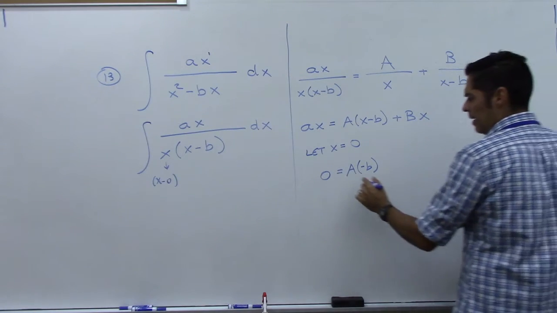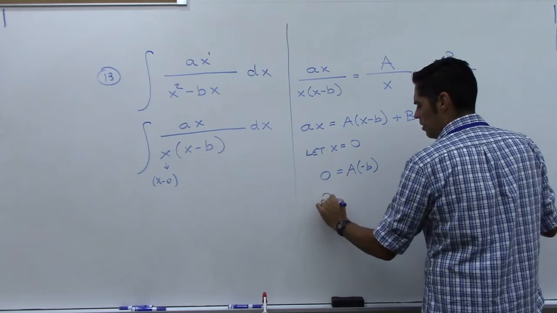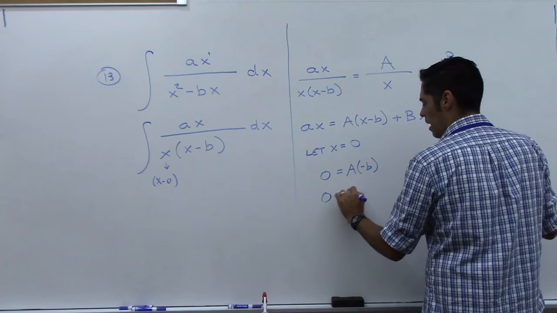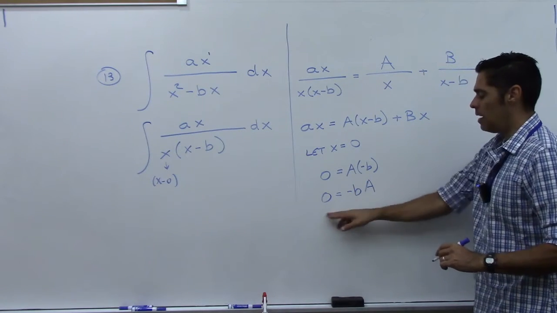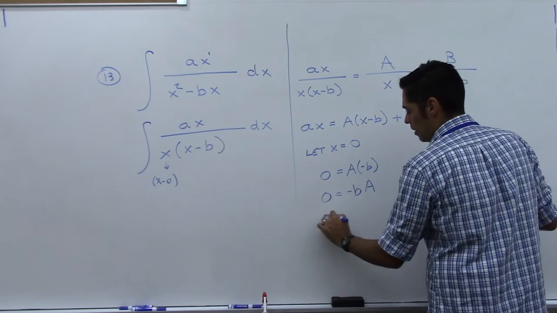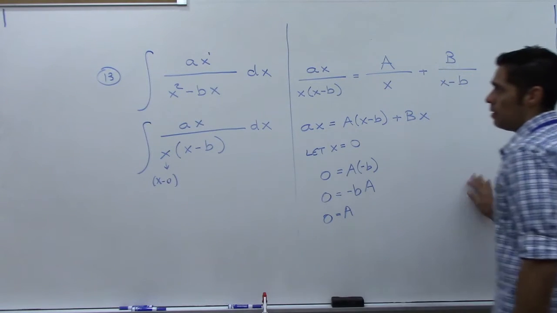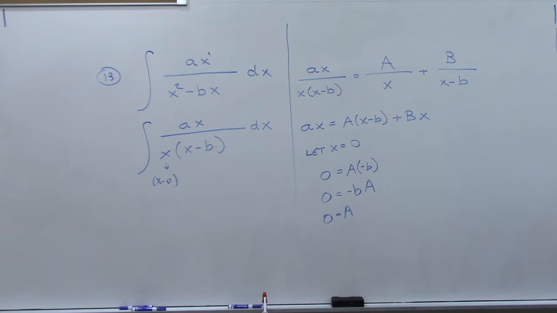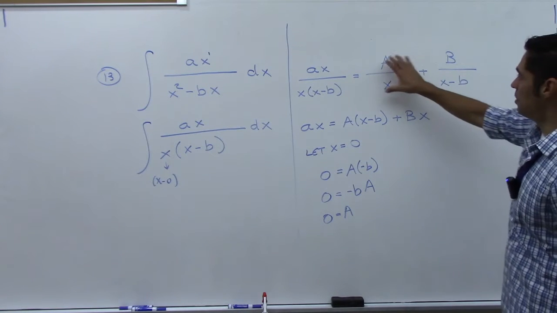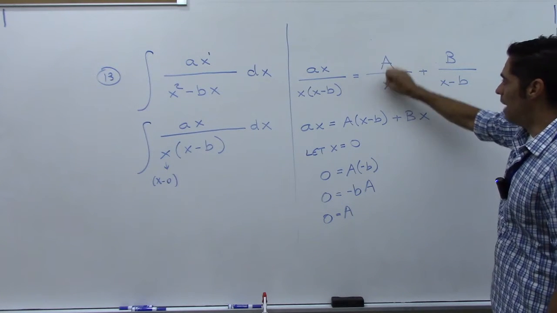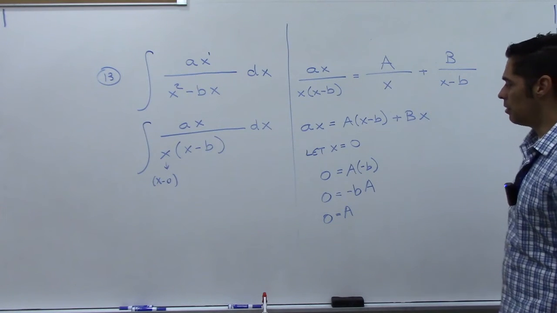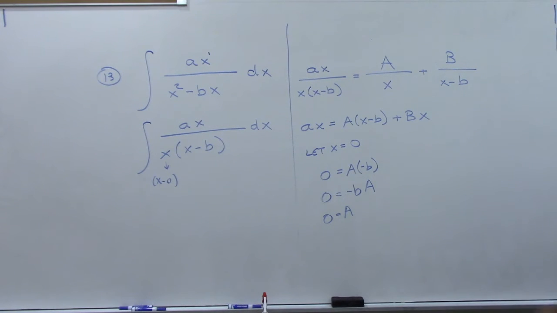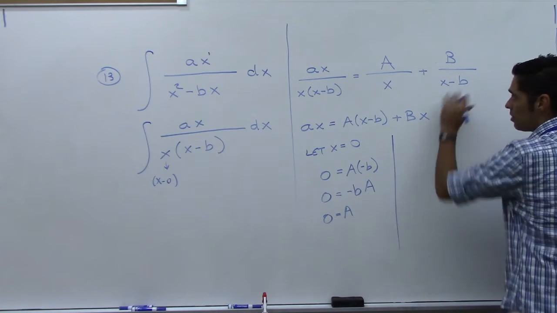So what you're getting is 0 equals negative b times capital A, and we're trying to find out what capital A is. We divide both sides by negative b, and we still get 0 for A. All right, this is not looking good, because what we're saying is that this is going to be a 0, and if that's a 0, then that's not going to appear in our new integral, and that's a major problem. But let's stick with it and see if this generates anything.